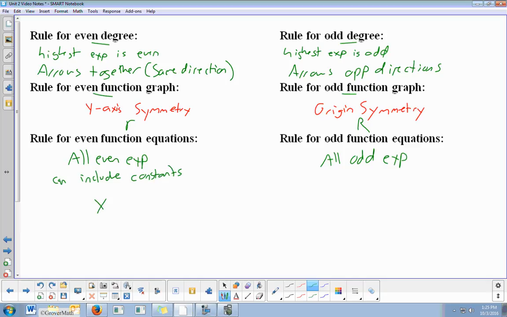Meaning, x to the fourth, that's even, x squared, that's even, minus 6x to the eighth, that's even, plus 5. Now, 5's an odd number, but what's its exponent? You could think of it as x to the 0, which can be considered even. Now, we don't really say 0 is an even number, but in this case, constants are allowed for even functions, not for odd functions. For odd functions, it has to be all odd exponents, no constants.